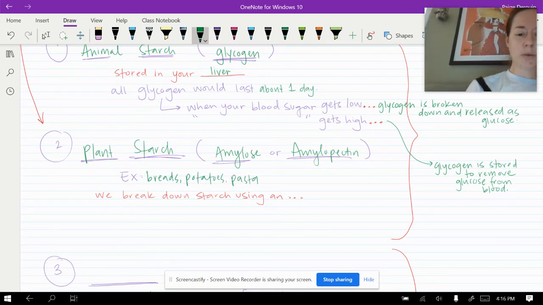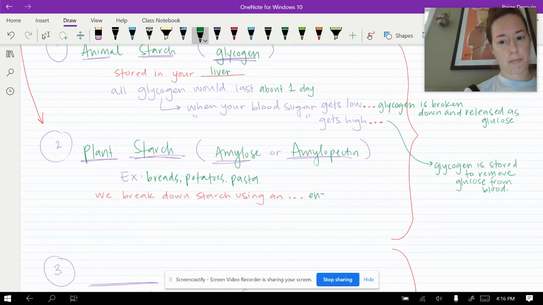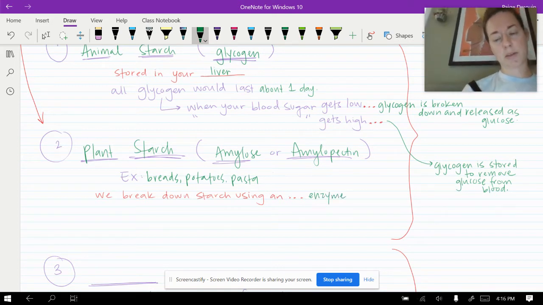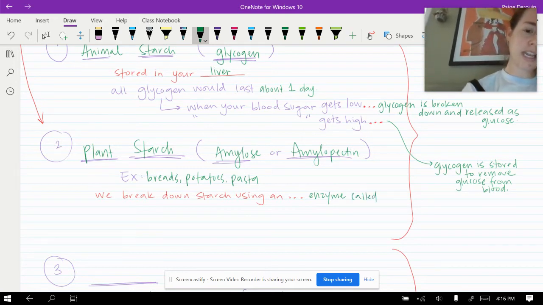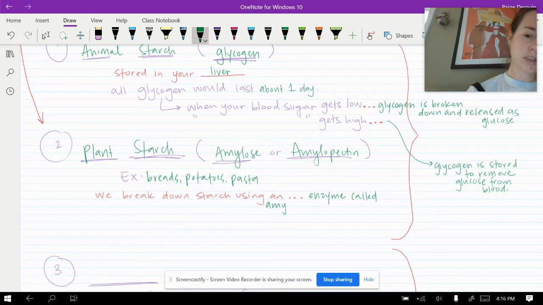And then when you eat these things, your body breaks down starch using an enzyme, which enzymes are proteins. But the enzyme is actually called amylase because it goes with amylose, in your saliva.